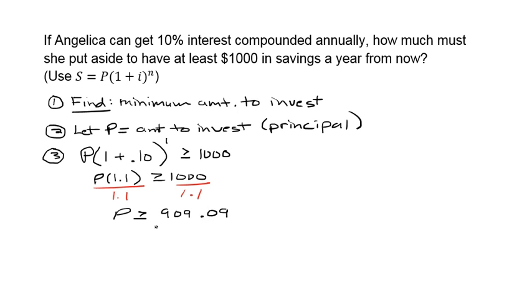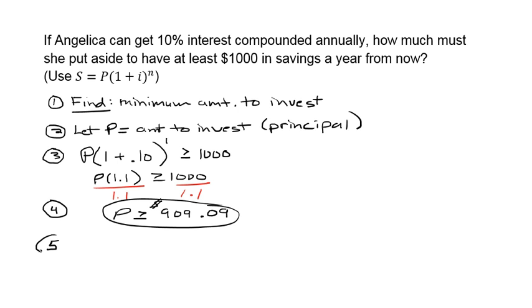So if you end up with an answer that doesn't come out evenly, if you're working with dollars, take it out to the nearest cent. Okay, so that's our P. That means if I'm investing money at 10% annual interest, then I've got to invest at least $909.09 in order to end up with $1,000 a year from now.